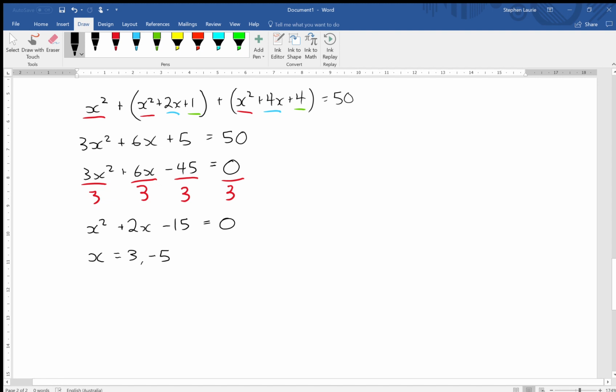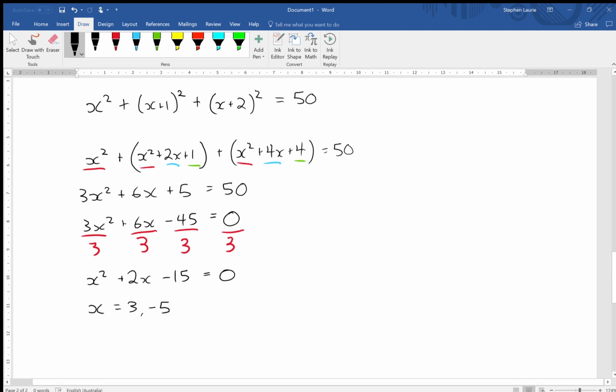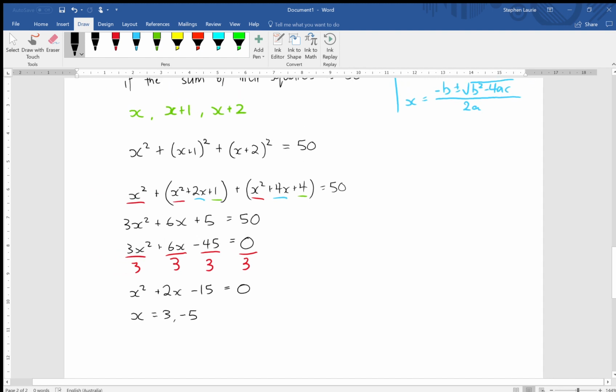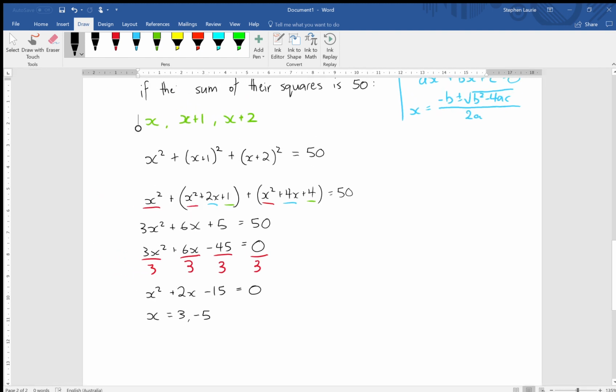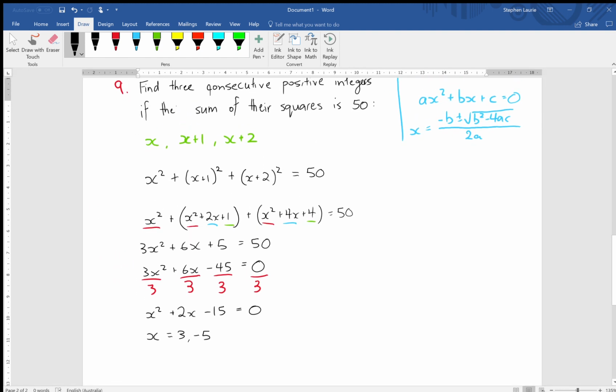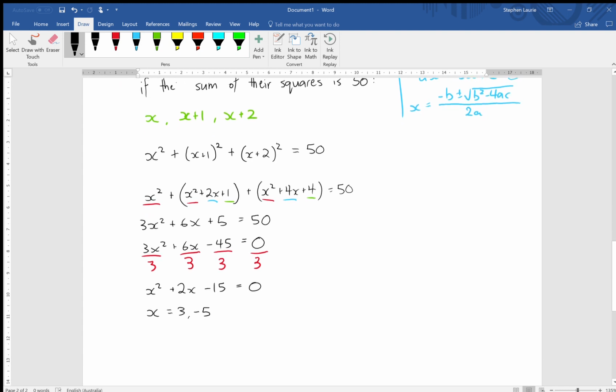Okay, but we're not done, because the original question asked us, what are these 3 consecutive numbers? And they're positive, so x can't be negative 5. So we're going to cross that out. x must be 3, and x was our first of the positive numbers.